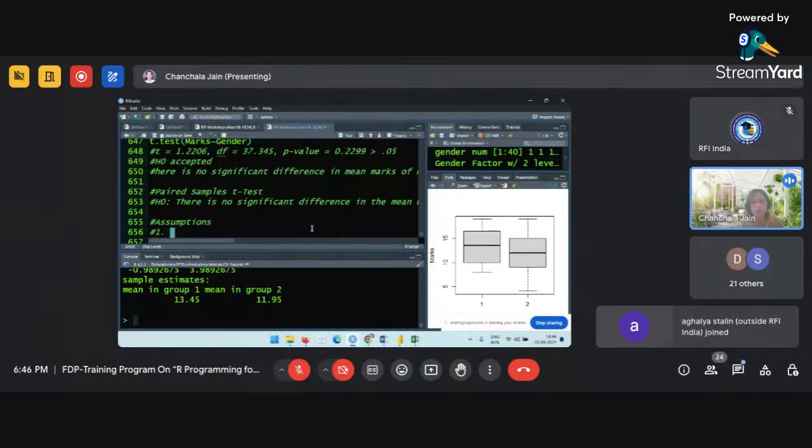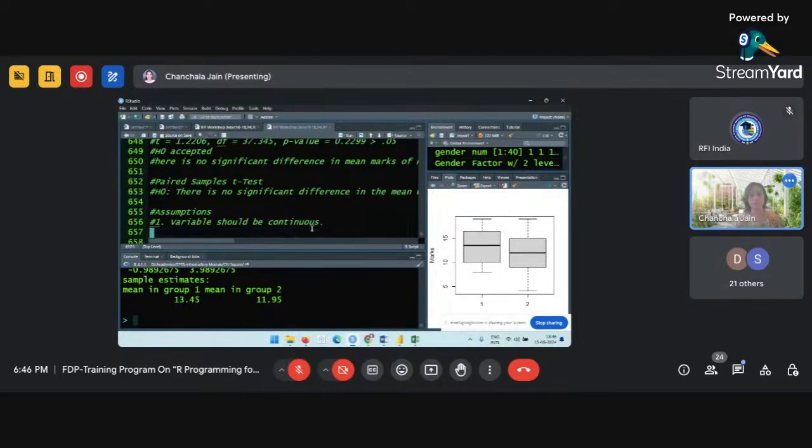The first is the variable should be continuous. Second, the variable should be normally distributed.